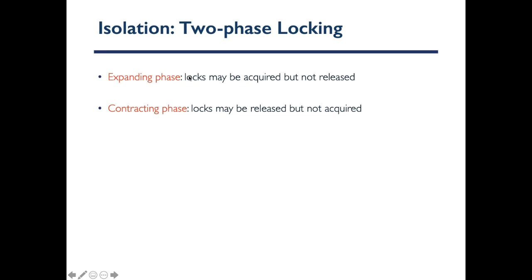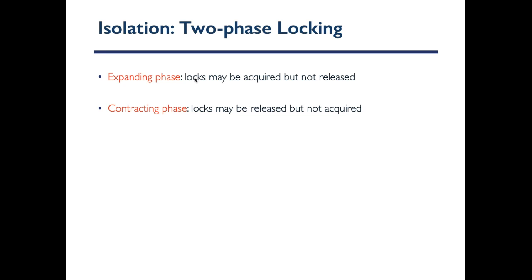So if you have acquired a lock on Mike's account and now you want a lock on Tim's account, you cannot release any lock, even if you're done with whatever you wanted to do with Mike. Let's say you have executed the update on Mike's account, but you haven't yet done it on Tim's. You cannot release the lock that you have on Mike.